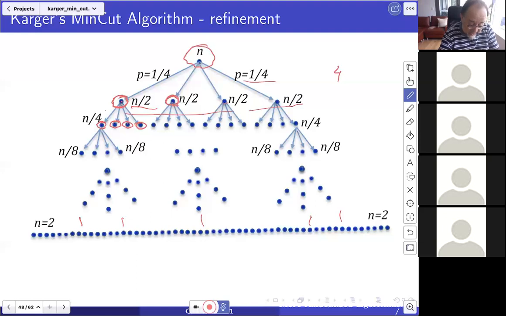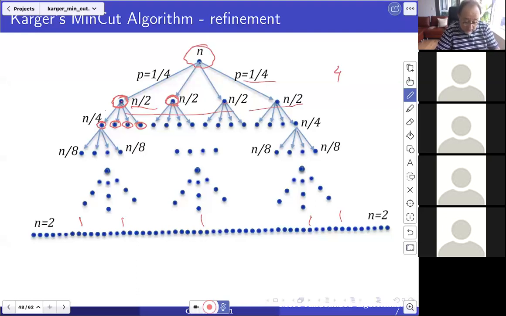Yes, as you run partial contraction, you suffer a loss, 3/4 of loss of certainty, right? You end up with a graph that is okay with probability only 1/4. But you repeat your algorithm 4 times.